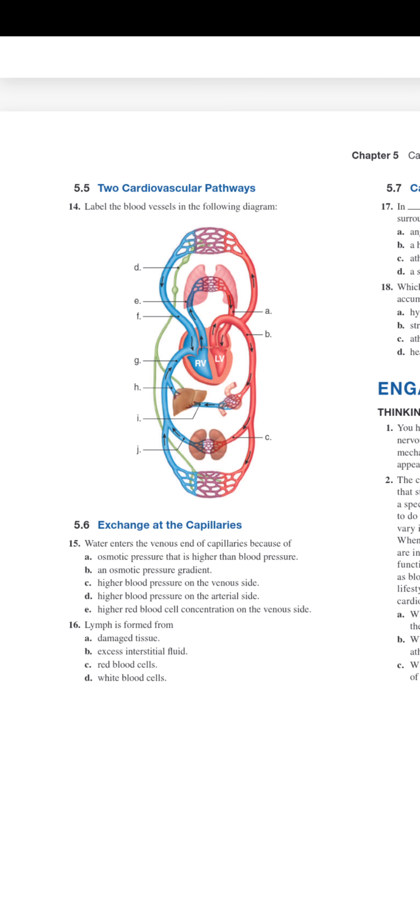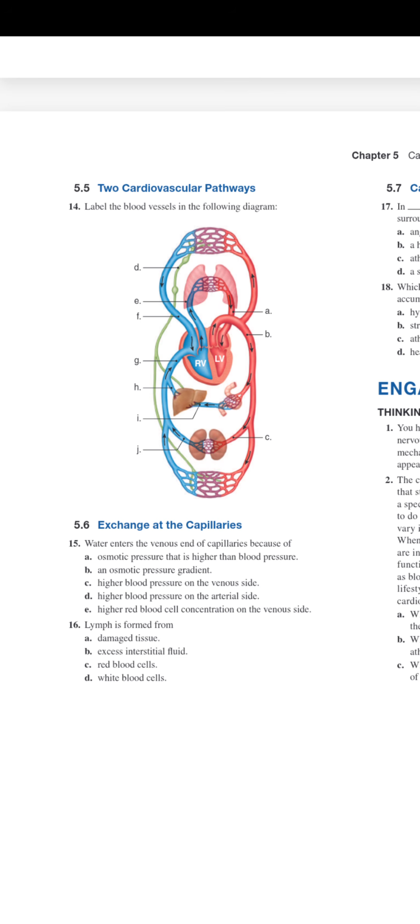Where were we? Yeah, we finished D. E is going from the right ventricle to the lungs, which is the pulmonary artery, the only artery that carries oxygenated blood.